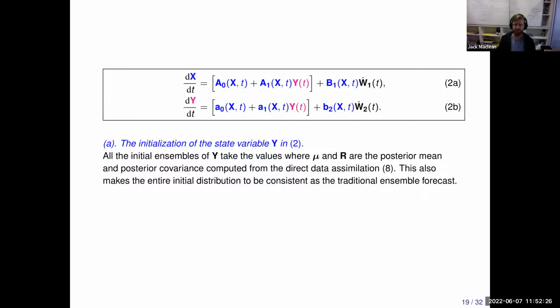So for the X part, I use the traditional KDE algorithm. Here, because we use a relatively small number of ensemble members, the bandwidth will not shrink to 0. But if you take the limit of infinitely many ensemble members, then the KDE method will converge to the traditional Monte Carlo simulations, and the bandwidth will shrink to 0.